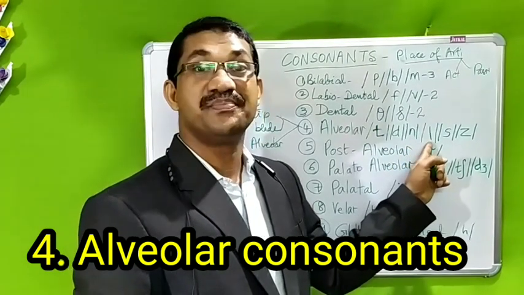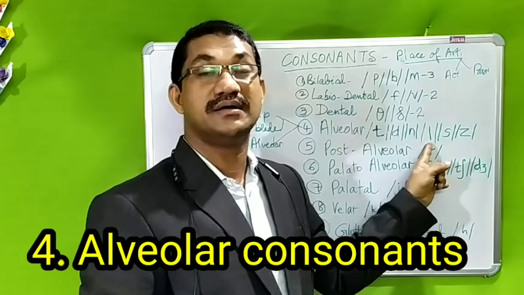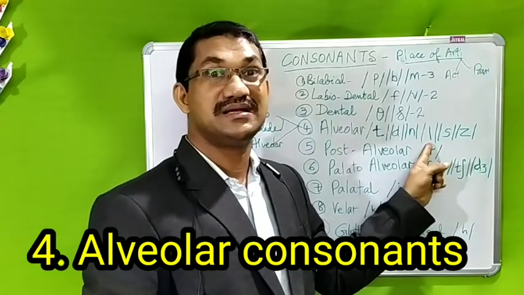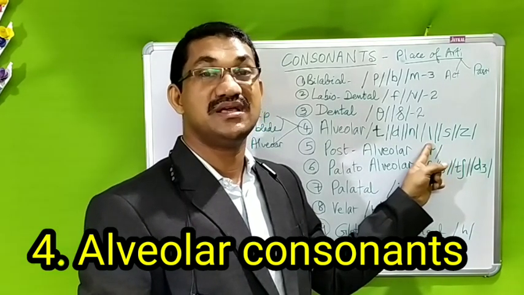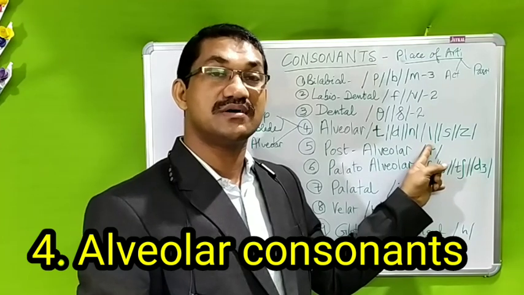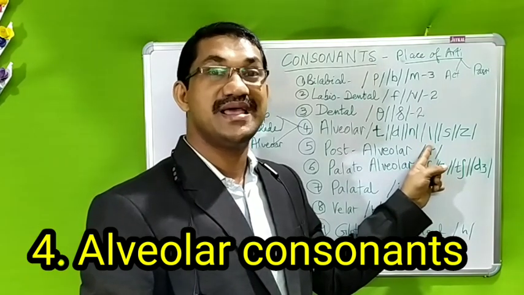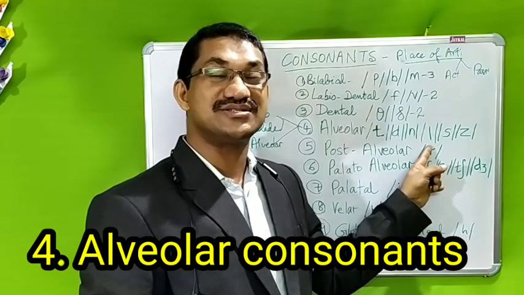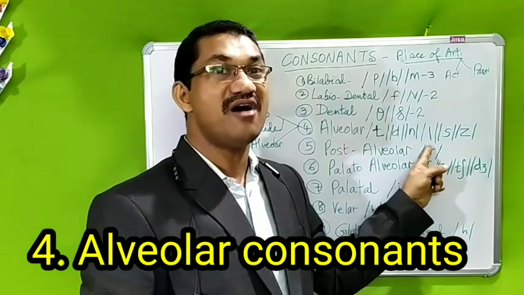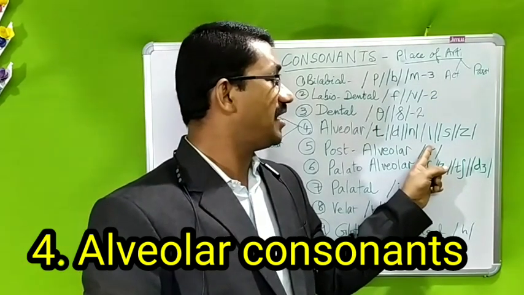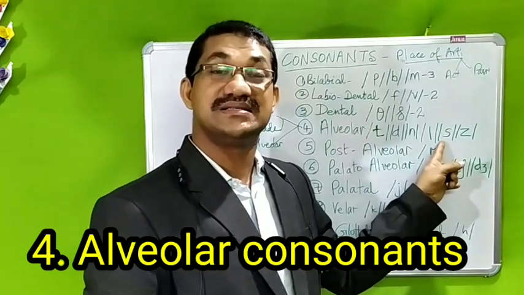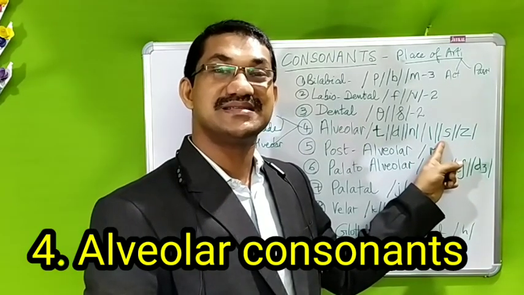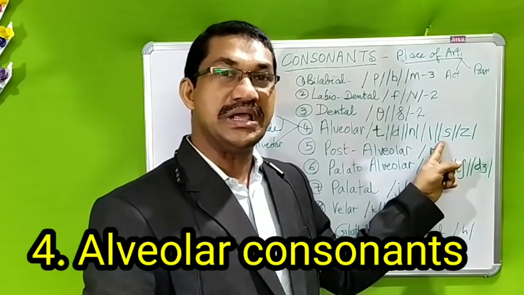Now we have the next alveolar sound, that is l, as in little, right? The blade of the tongue is against, of course, the teeth ridge, and we say little, less, lean, love, laughter. Now we have the next sound, that is s, as in cinema. Again, it's very obvious and clear.